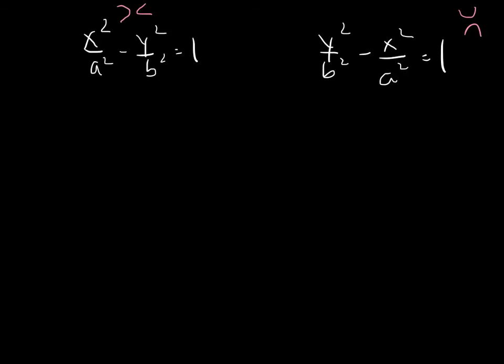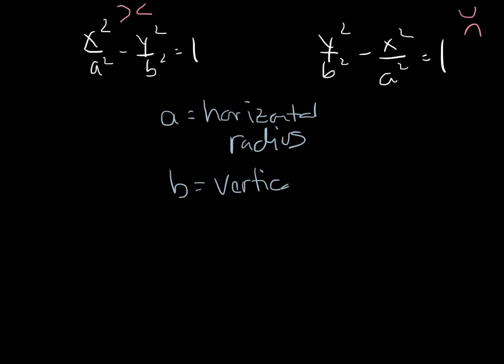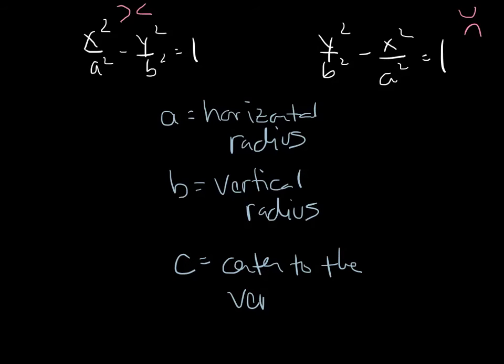A, again, is equal to the horizontal radius. B is equal to the vertical radius. C is equal to the distance from the center to the focus. And we always relate them as c squared is equal to a squared plus b squared.